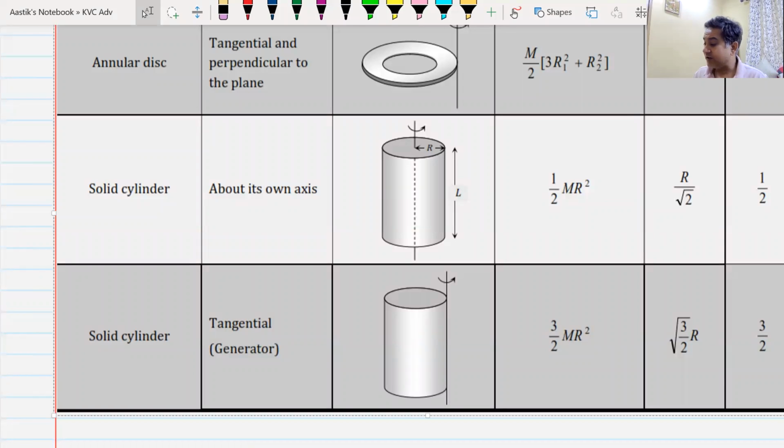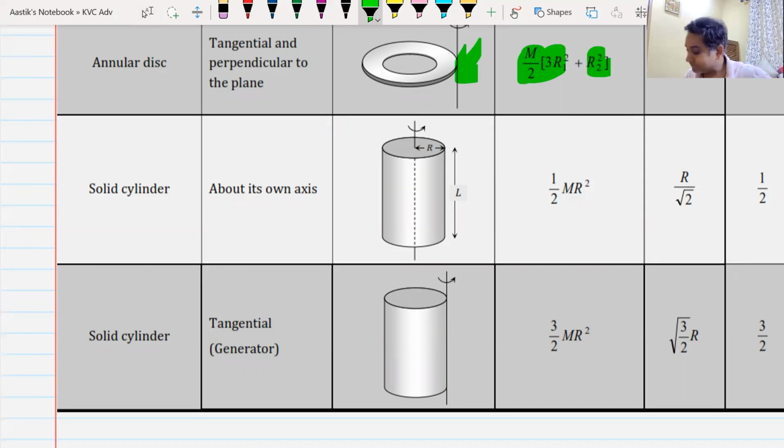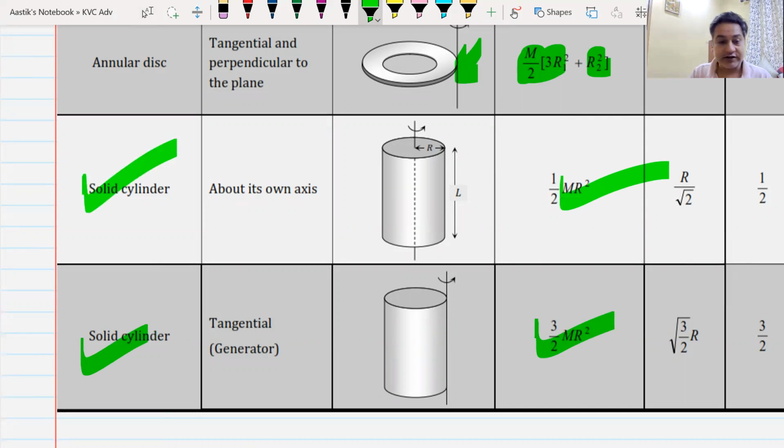Solid cylinder, we have already seen. Yes or no? Annular disk again, when it is about this axis, it becomes one becomes 3, another becomes R2. It's not possible for you to remember so many things, but solid cylinder you can remember. Solid cylinder about tangential axis you can remember. Yes or no? Yes, sir. No one is going to ask you these many things. This is just for your information.